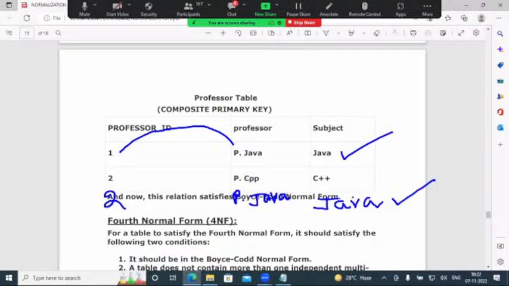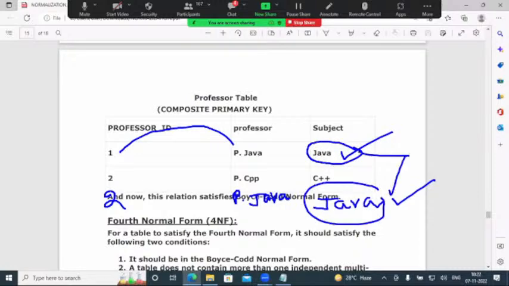Allowed means this is a super key or not a super key? Non-super key. Because super key means every row should be uniquely identified. But here in the subject column, first row Java, third row Java. Is this unique or duplicate? So it is not a super key.